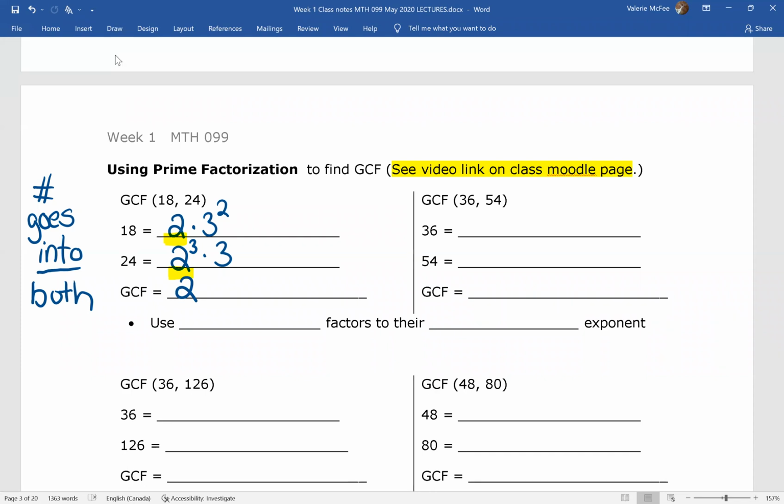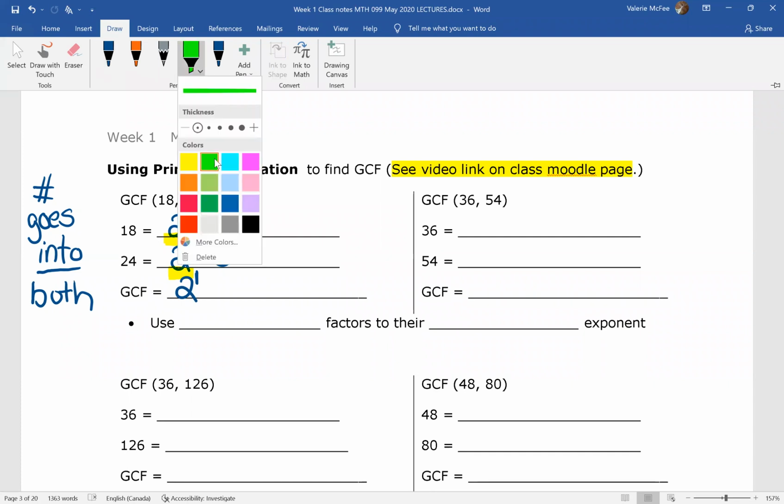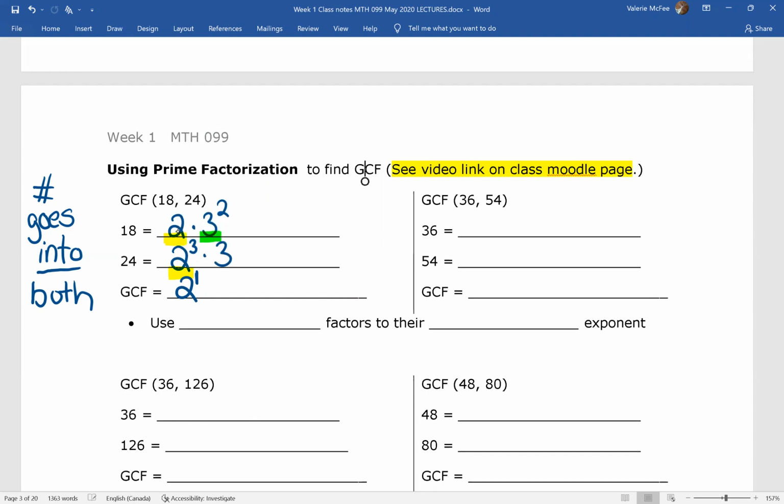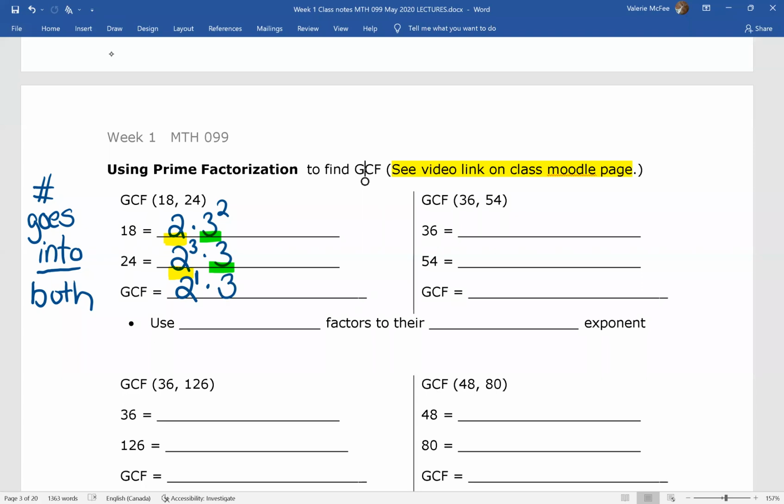They both have 1 2, so I'm going to use 1 2. I can also see that both numbers have a factor of 3. 18 has 2 3s, 24 has 1 3. We're going to use 1 3 because they both have 1 3. The greatest common factor is 6.